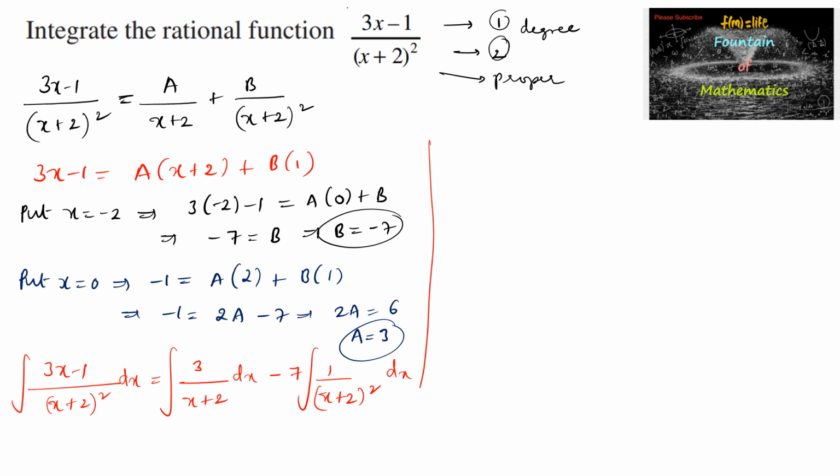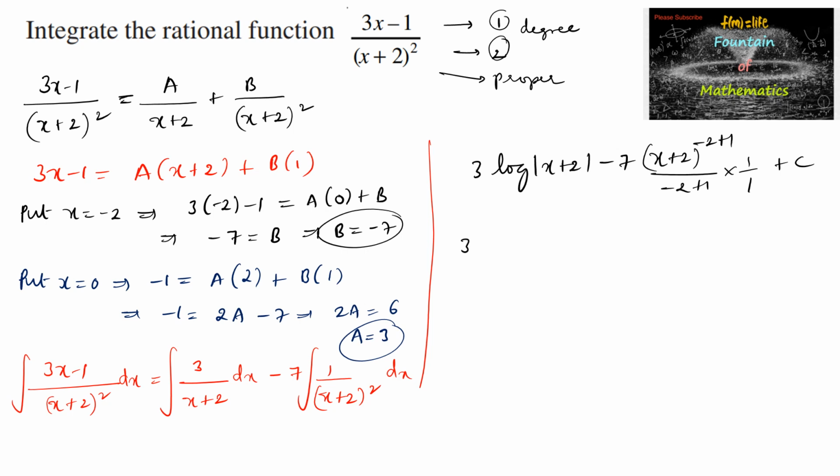So we can write 3 upon x plus 2, that is 3 times log mod of x plus 2, minus 7 times of integration of x plus 2 whole square, is x plus 2 whole to the power of minus 2 plus 1 upon minus 2 plus 1, into 1 upon the coefficient of x, is 1, plus c.